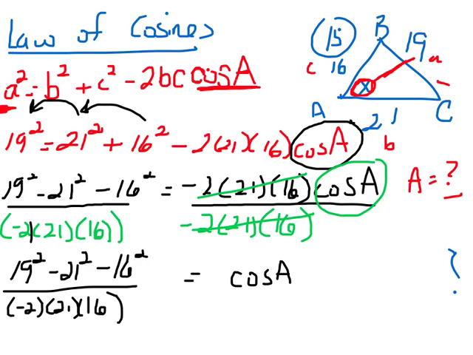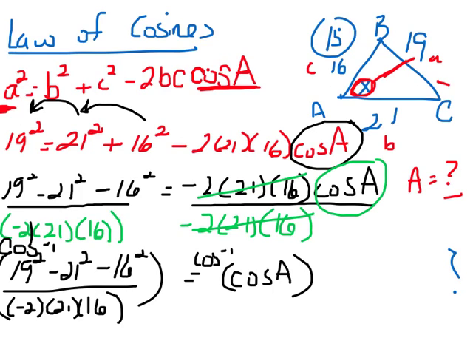If I want to find an angle, what do I have to do? Oh, inverse. Inverse cosine. So if I want to write this out algebraically, I could do this. I want to get A by itself. It has the cosine done to it, so if I want to undo the cosine, it would be the inverse cosine. But if I do it to one side, I've got to do it to the other side, right?